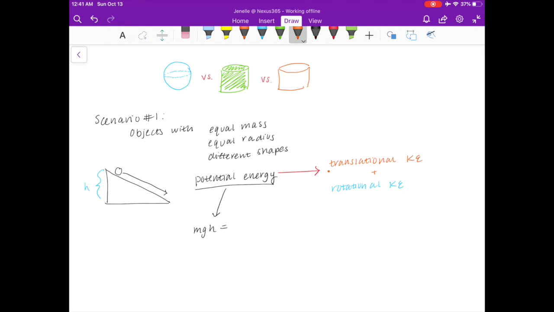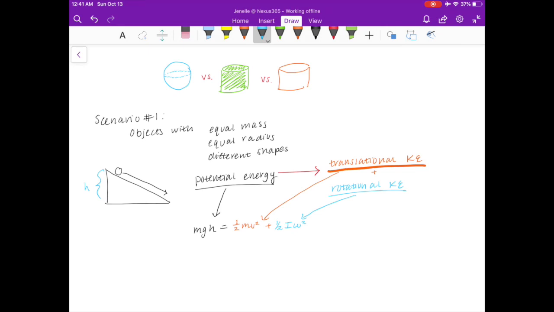And that's going to equal the sum of your translational kinetic energy, which is equal to the energy required to linearly move this object down the slope. So this is going to be talking about the rolling speed, and that's going to equal 1/2 mv squared. And so there's also the rotational kinetic energy, and that's going to be equal to 1/2 I omega squared. The rotational kinetic energy is the energy used to actually rotate the object around its own axis.